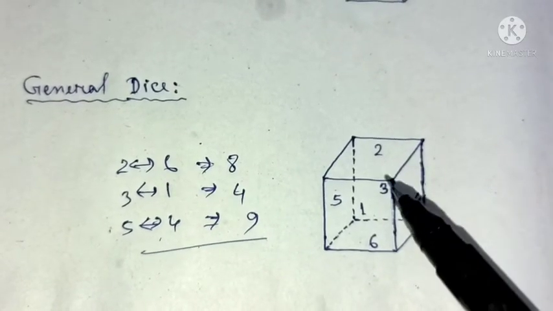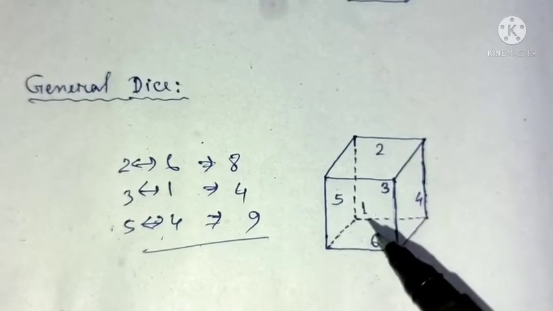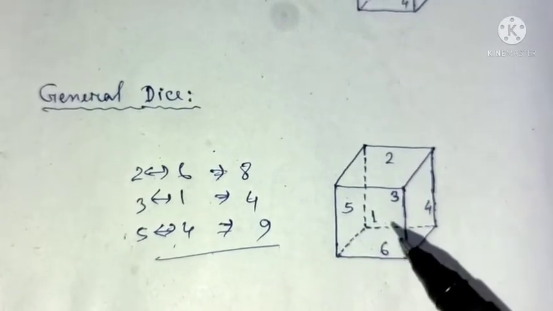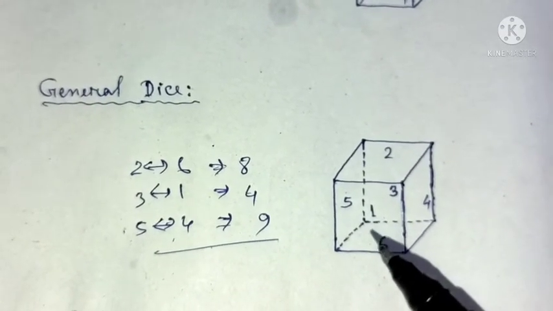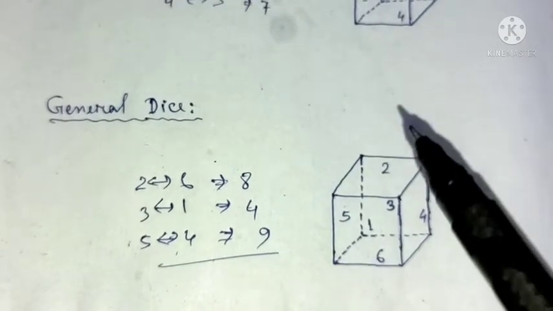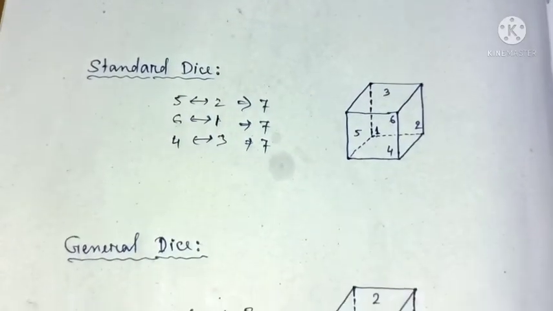So in this way, if you check, at least one pair you will get adjacent sum equal to 7 in case of general dice. But the opposite faces sum is not equal to 7. So you must be clear about the difference between general dice and standard dice.